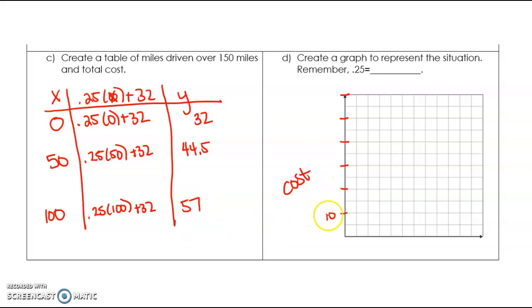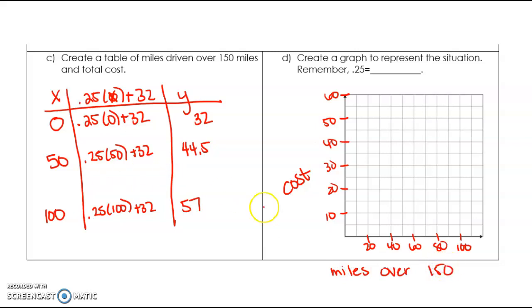So if I wanted to make my graph, remember your y is your total cost: 10, 20, 30, 40, 50, 60, 70, 80, 90, 100. Okay, and remember that your x is miles over 150.